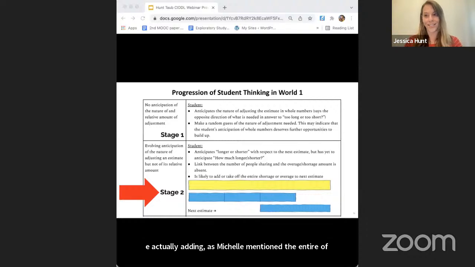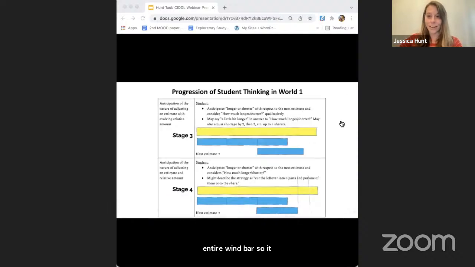That tells us something about how that student is thinking, namely that they're still trying to coordinate the repeating of that bar with the length of the entire win bar. So it gives us really nice formative information about how students are currently reasoning, as well as where their learning might be going. The analytics are very powerful in that way.